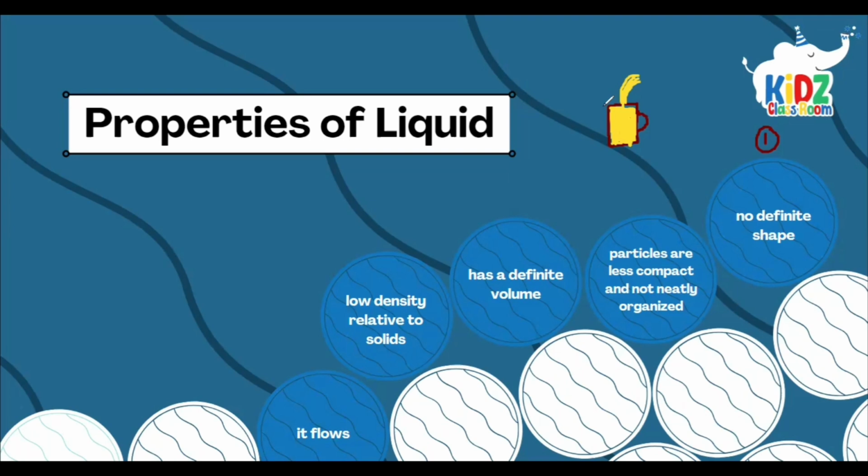Then it will be circle shaped. If in a glass, it will be the shape of the glass. So this means that liquid has no definite shape. They take the shape of the container they are in.